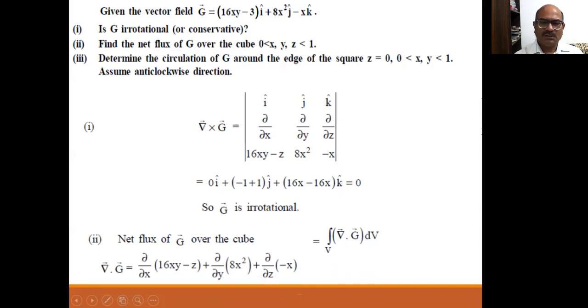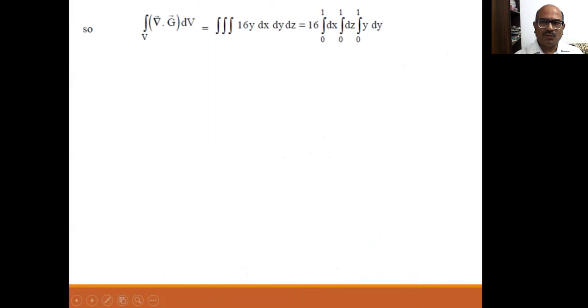The divergence of G is calculated as 16y, and we find this with the dV value, and dV is the triple integration in x, y, z, dx dy dz. But the stretch is from 0 to 1. So we can use these values and calculate all the integrations with these limits, and the answer will be 8.